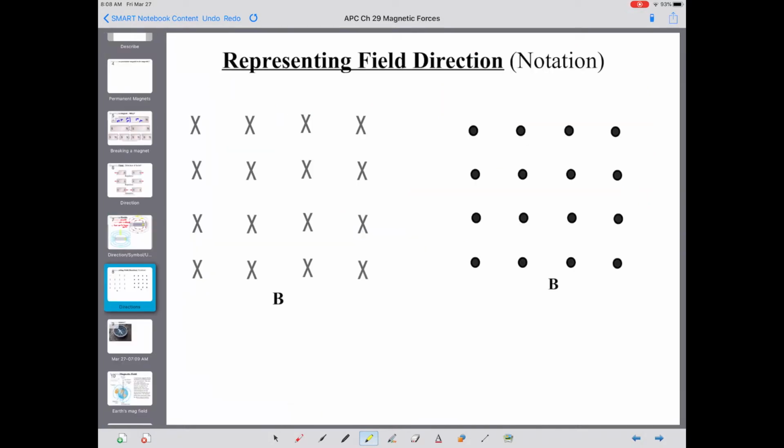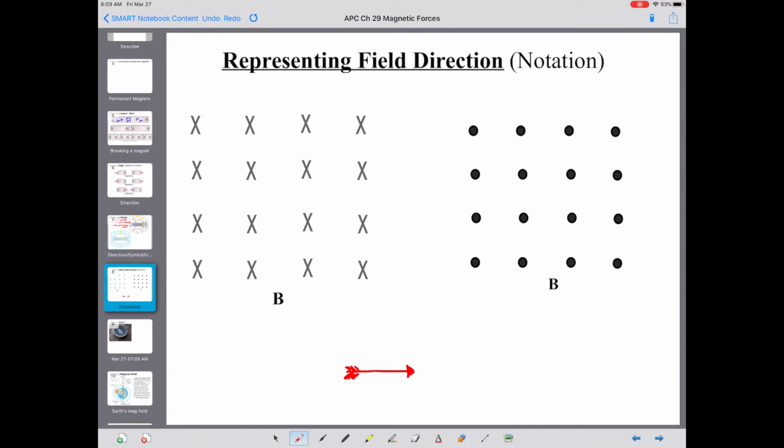Now a little more on directions. We will, from here on out, be dealing in 3 dimensions. So in 3 dimensions, we have to be able to easily deal with coming into the page and out of the page. These 2 notations really come from the idea of an arrow, like a bow and arrow. So there's my arrow.